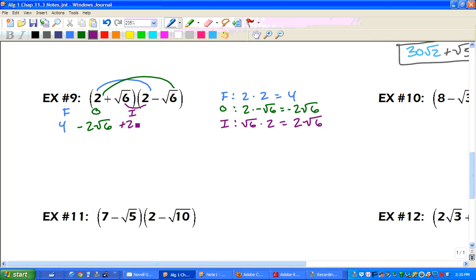So the inside was positive 2 root 6. And then the last one was the last, which is root 6 times negative root 6, which gives us negative 6. Okay, so now we need to combine our like terms, which are in the middle, and those actually cancel. So now we're just left with 4 minus 6, because that's what comes down. And 4 minus 6 is negative 2.